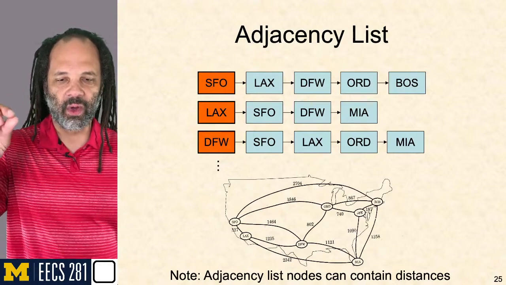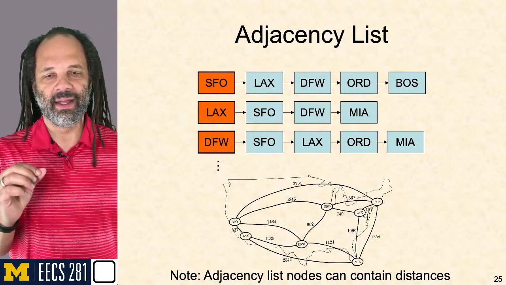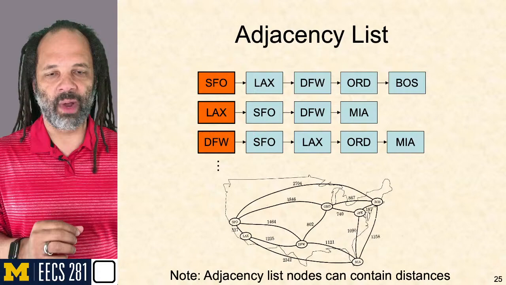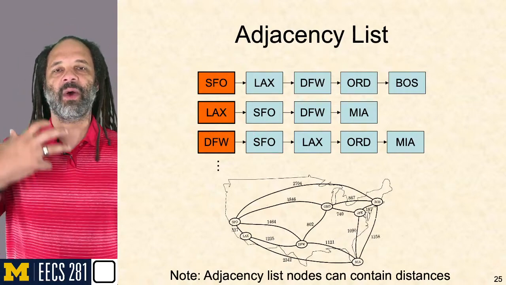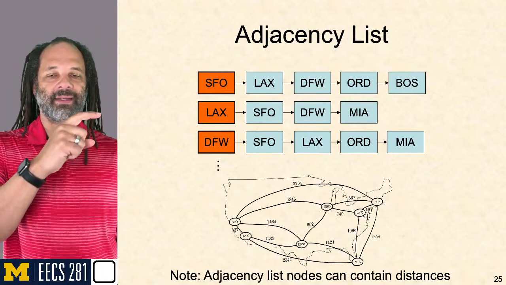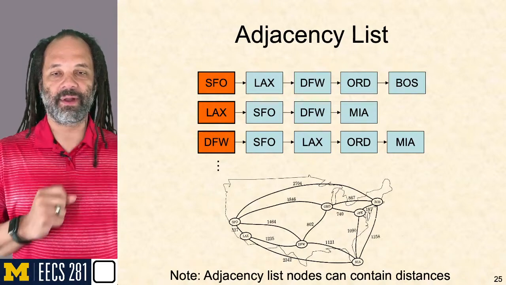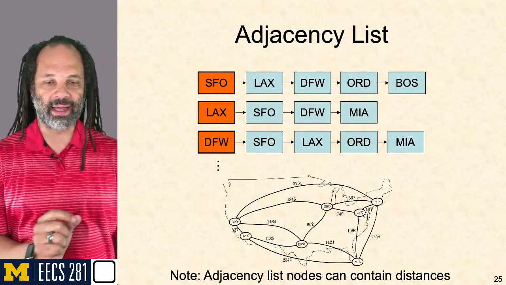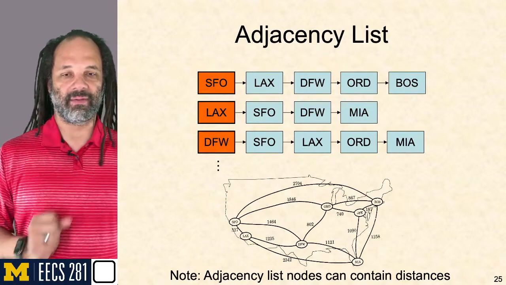It shows that SFO goes to DFW in 1464 miles. That's completely different from what I would put in the DFW box on the next row. Right? The DFW box on the next row is being pointed at by LAX. So the DFW box in the second row, the blue one there, should have 1235 in it because the distance between LAX and DFW is different than the distance between SFO and DFW.